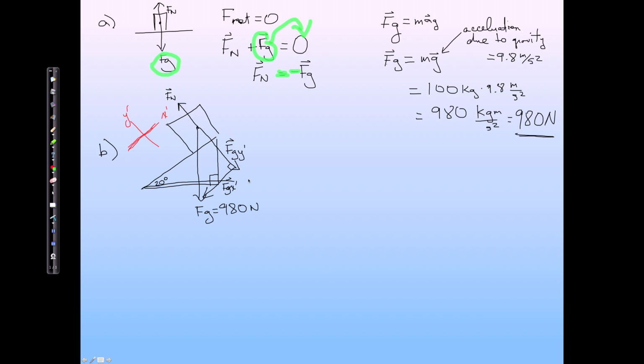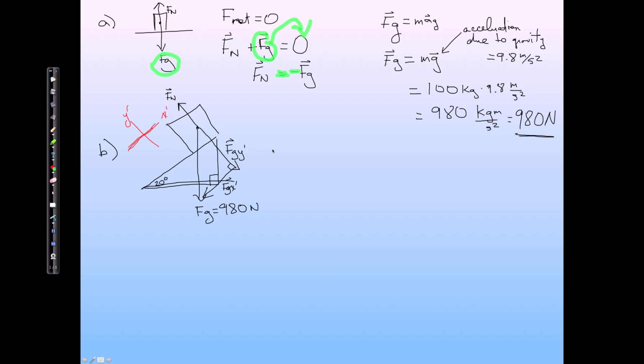FG y prime opposes Fn. Now these two are going to be the only forces acting in the y prime direction. And so just as before, because they're the only forces acting, and because this object is not accelerating off the ramp, it's not accelerating through the ramp, in fact it's not accelerating at all, in this direction there's no acceleration, so the net force must be 0.